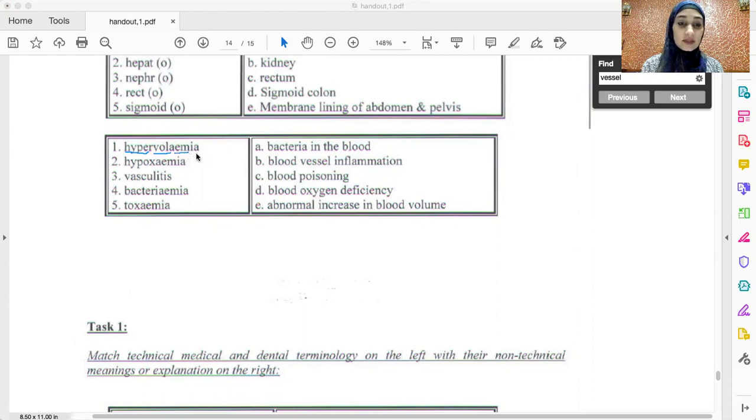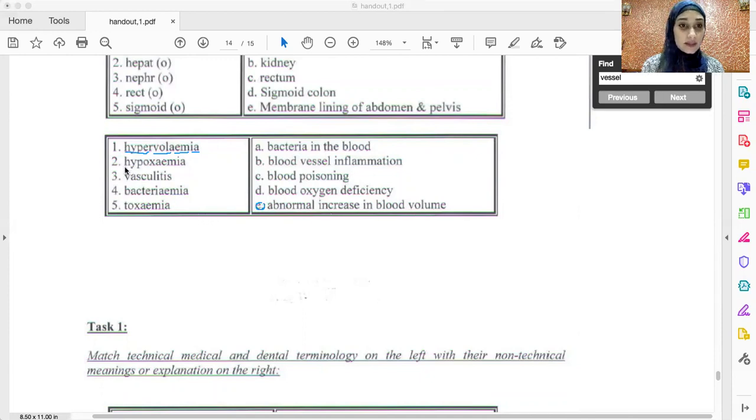Emia means blood, and ya means condition. So it is the condition of having high or increased blood volume. So the answer will be number E, abnormal increase in blood volume.